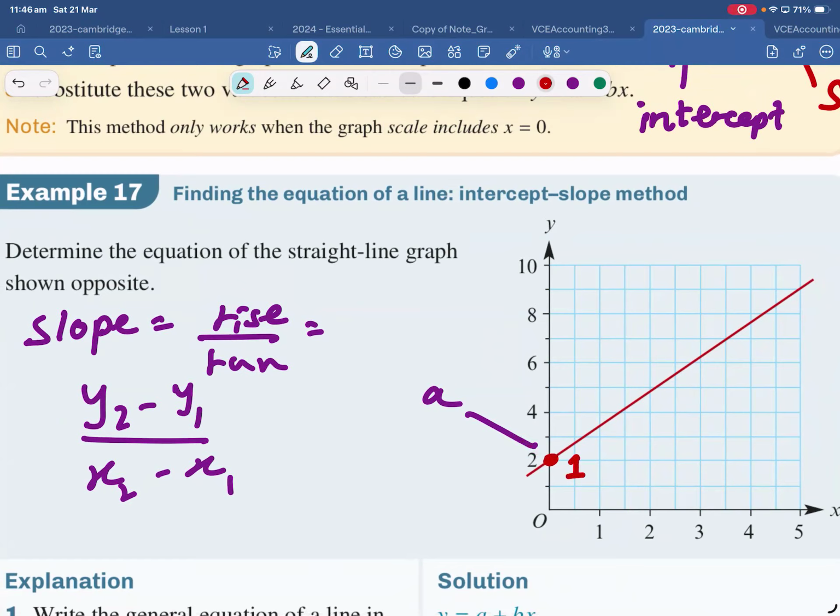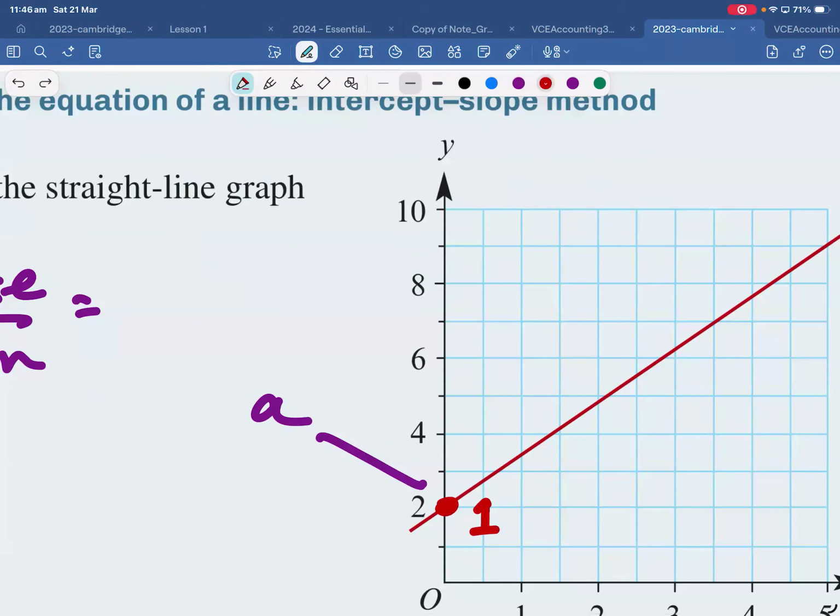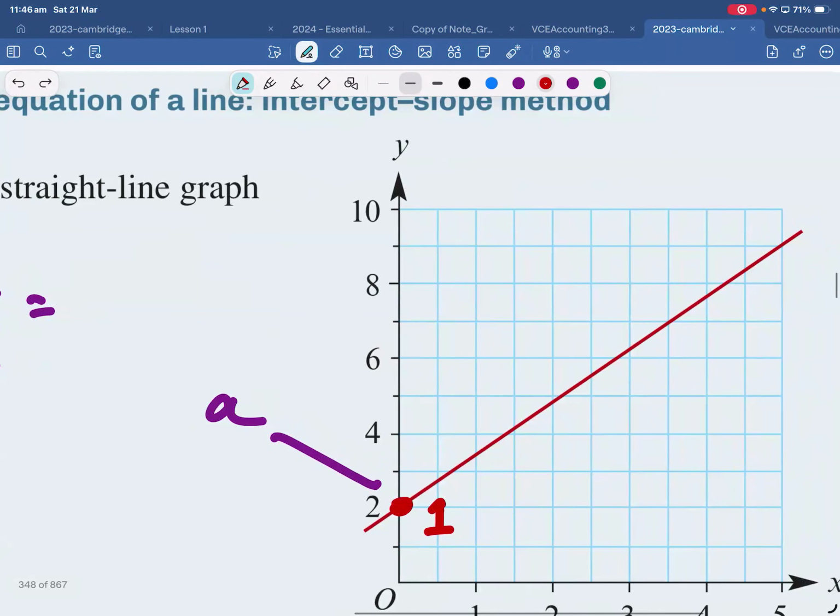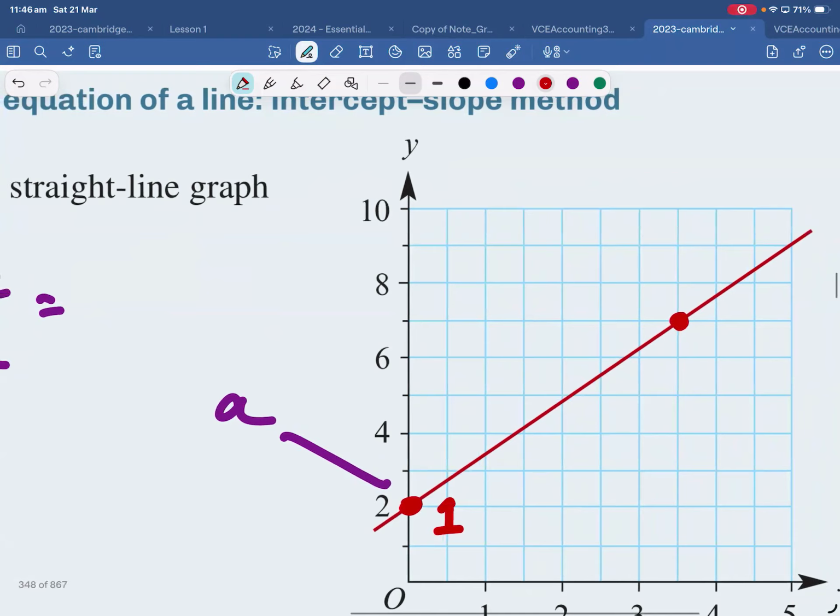And what do we take for the other? Probably I would take here. You know why I'm taking here? Because it is exactly touching. Otherwise I can take this one, or this one as well. We can get the values.